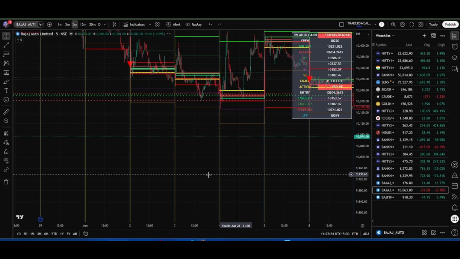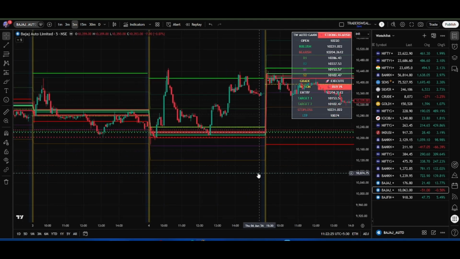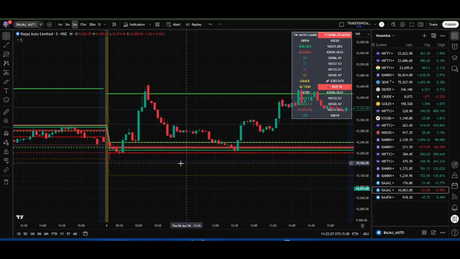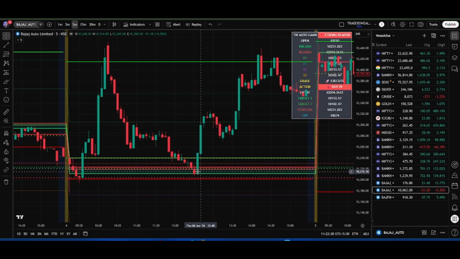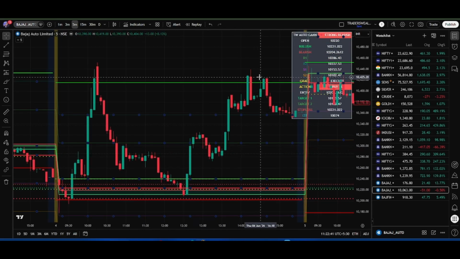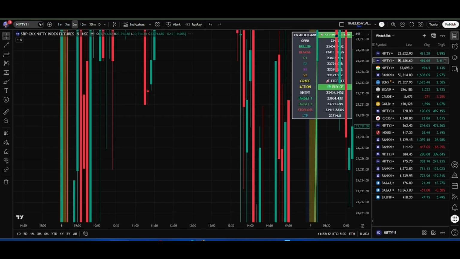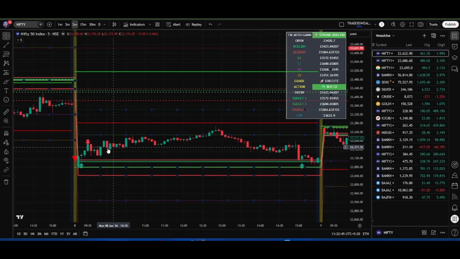You can go back and check any day. For example, if I want to check some other day, on the 4th of June, you can see there were no red candles crossing below this, and it took very good support of the Fibonacci levels and went up. Similarly on Friday, on Nifty also, you can go back and check any day.